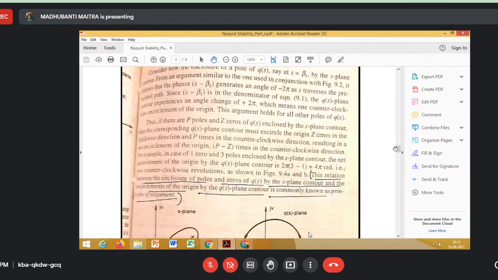Clear, ma'am. So this relation between the enclosure of poles and zeros of QS by the S-plane contour and the encirclements of the origin by the corresponding QS plane contour is commonly known as the principle of argument.